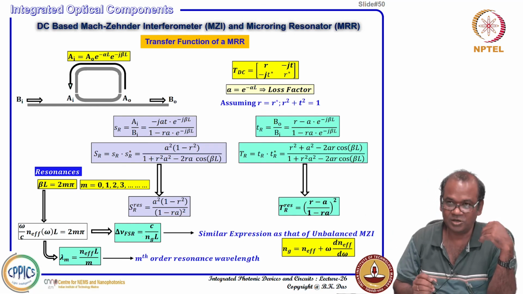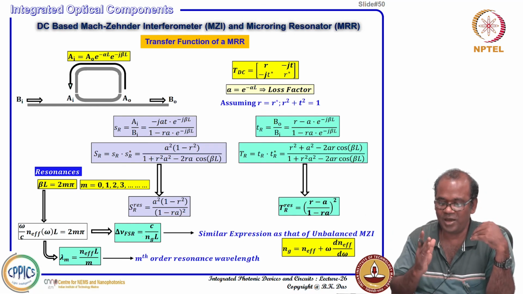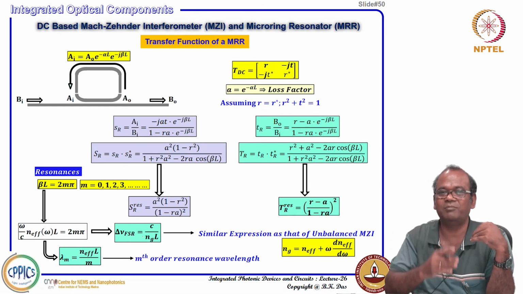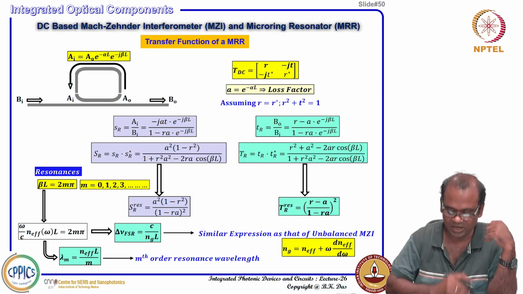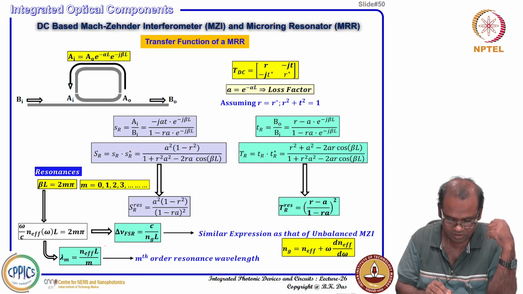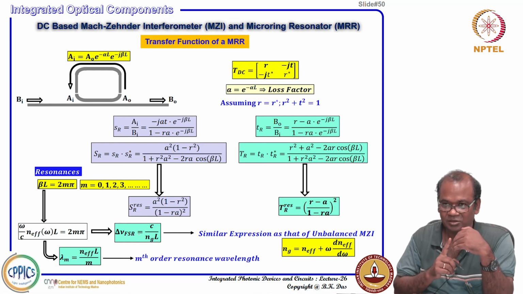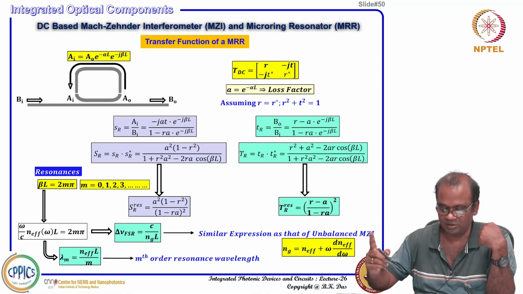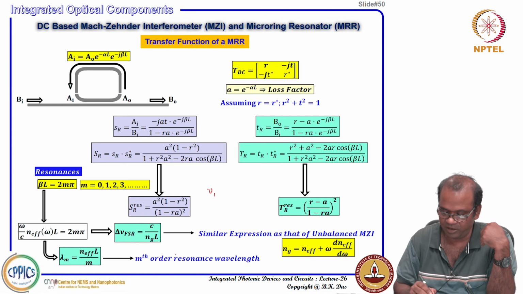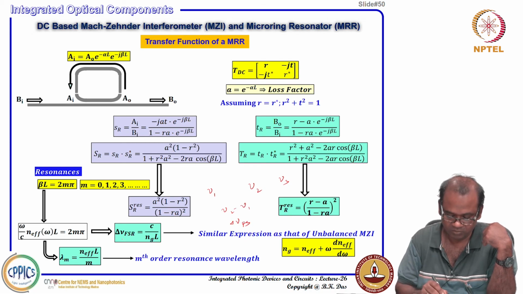But here resonance means the wavelength where the energy storage will be maximum inside the cavity, inside the ring. And the difference between two successive resonant frequencies: if one frequency is resonant at nu 1, another is nu 2, for a certain order m, and another is nu 3. So nu 2 minus nu 1 will be considered as delta nu, called the free spectral range. The free spectral range can also be written as c by n g L.